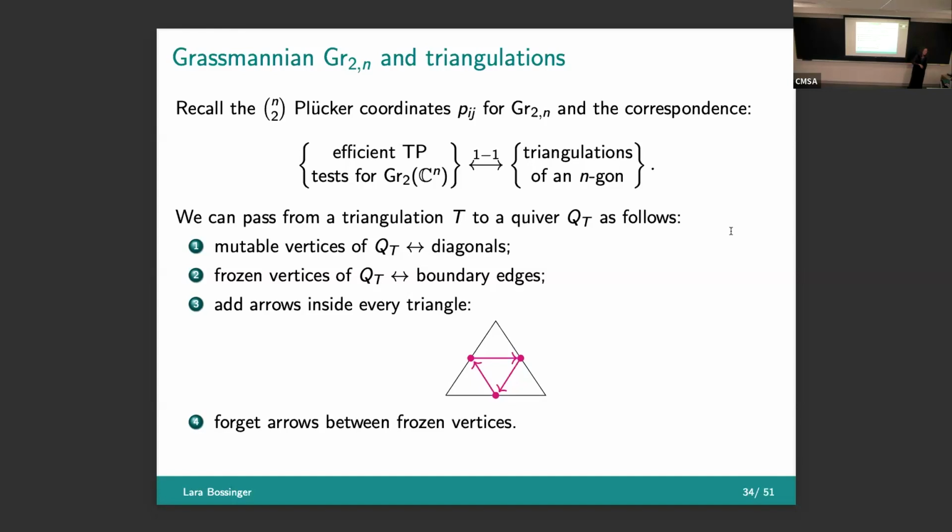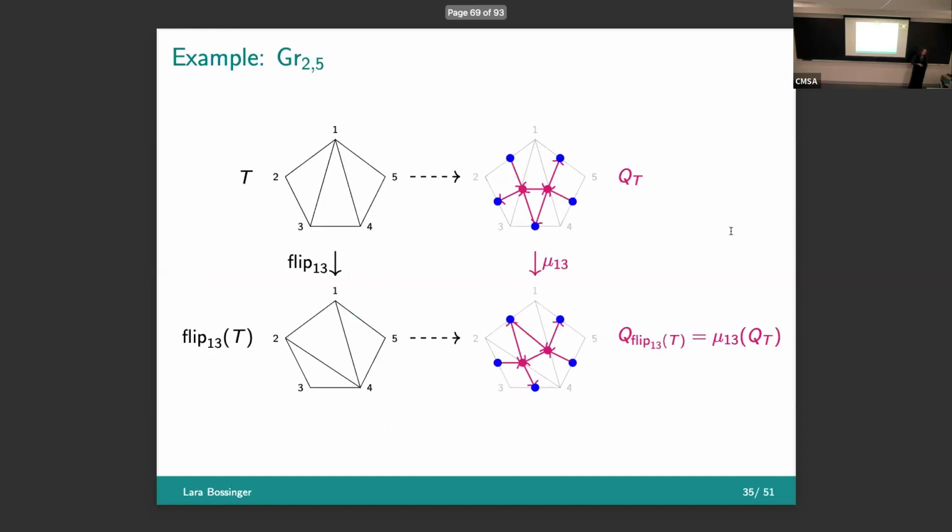Okay. So if we do this with the example of the Grassmannian Gr(2,5), the quiver we would associate here looks like this. So I've chosen the arcs 1,4 and 1,3 to triangulate. These will become my mutable vertices of the quiver. Then I have the blue vertices corresponding to the boundary or the frozen vertices.